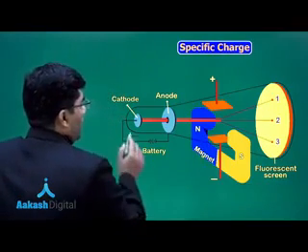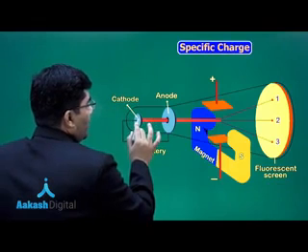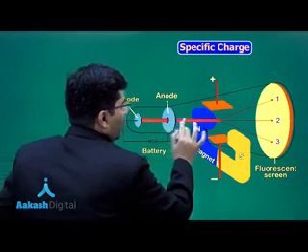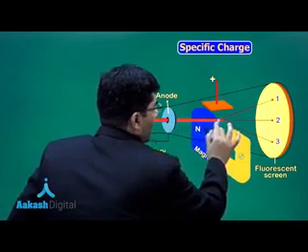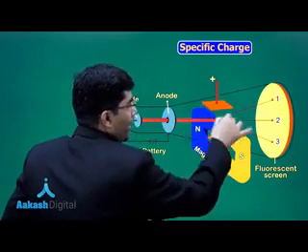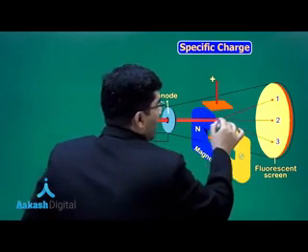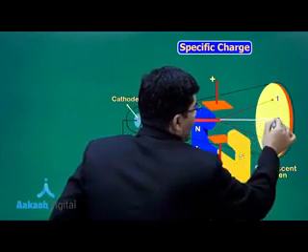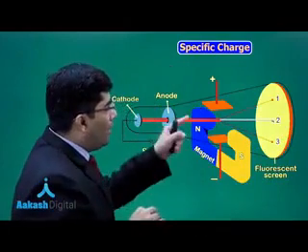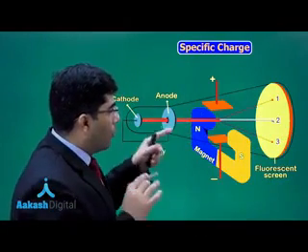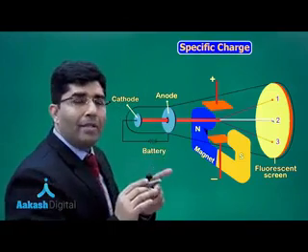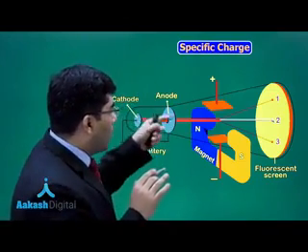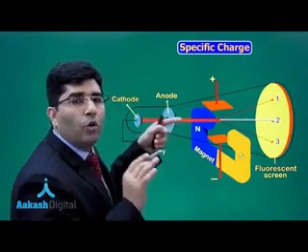The cathode rays will start from the cathode, pass through the anode, and go in a straight line. Since the electric and magnetic fields are not there, they will keep moving and strike at point number 2 on the fluorescent screen. That means there will be no deviation of the electron beam, that is, the cathode rays.